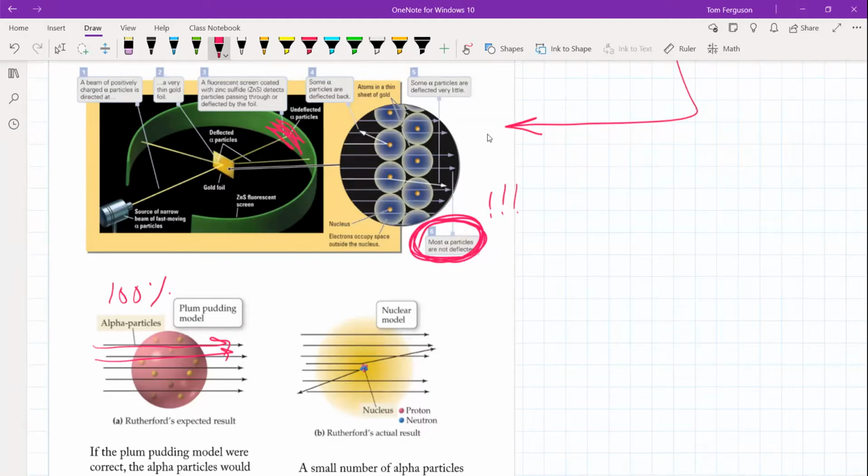So basically, Rutherford was expecting everything to be right here, which would show that Thomson's model, called the plum pudding model, was in fact a valid model. Rutherford's experiment, however, proved otherwise.